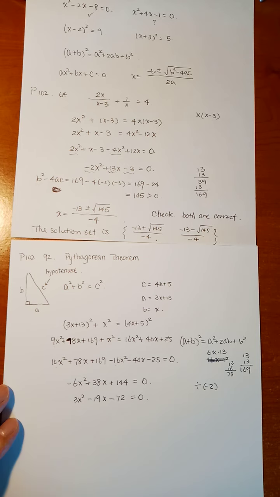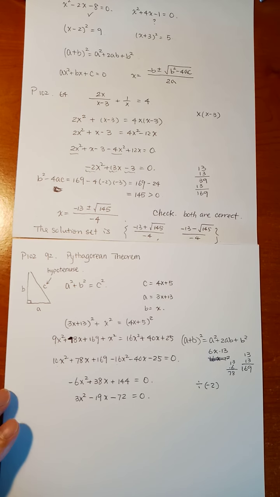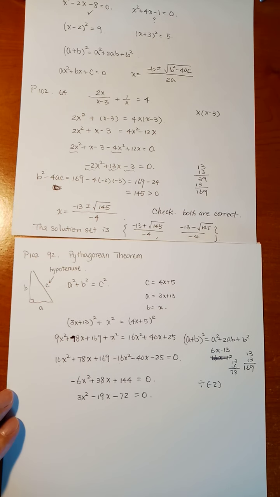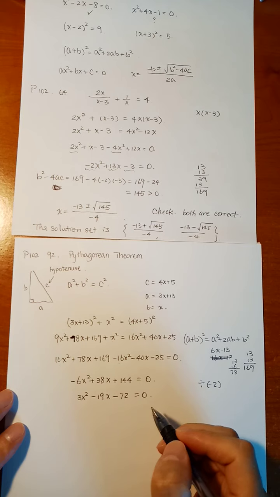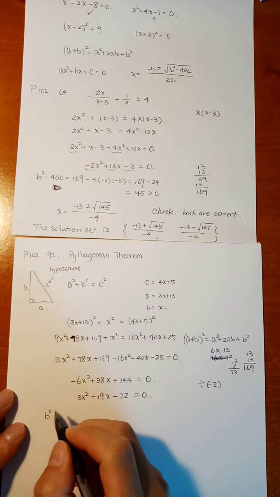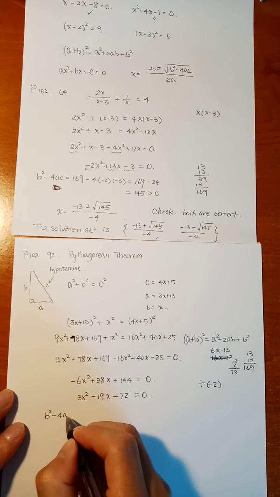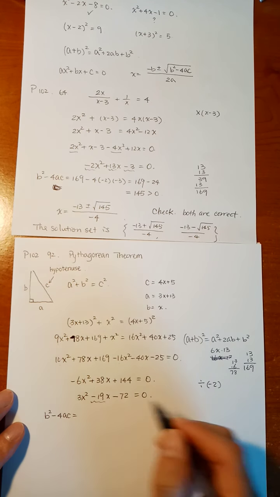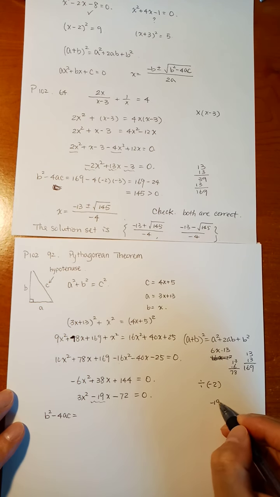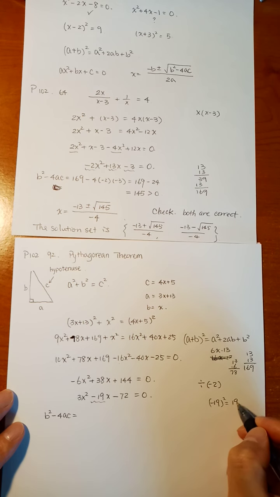Okay, I have no idea how to factor it. Now let's try the quadratic formula. B squared minus 4ac. B is negative 19. Negative 19 squared is 19 squared.